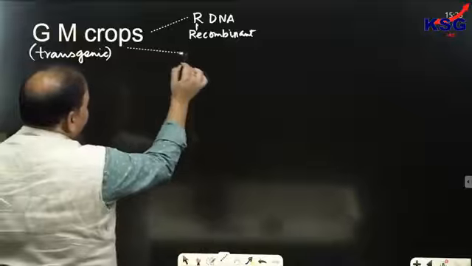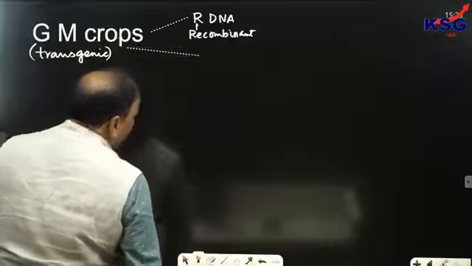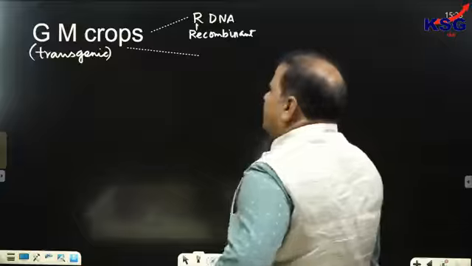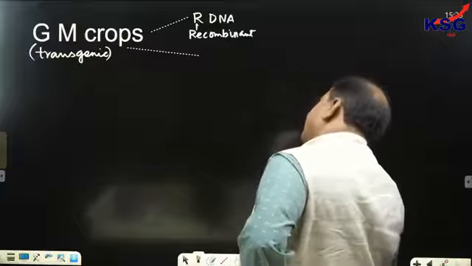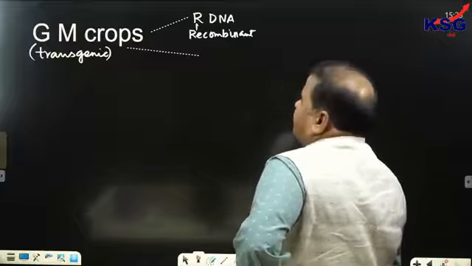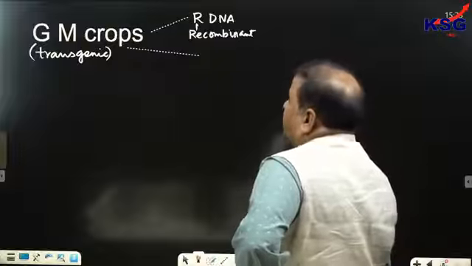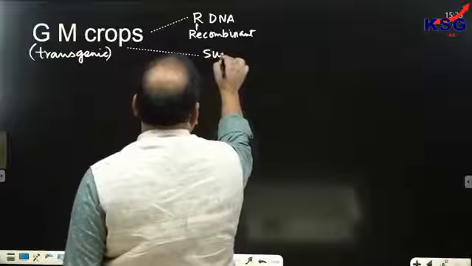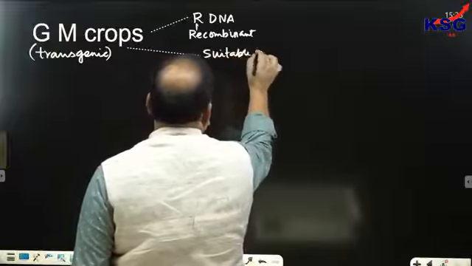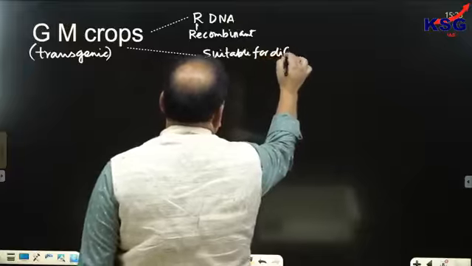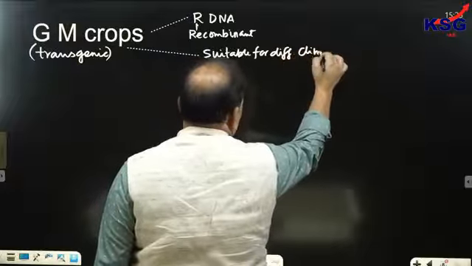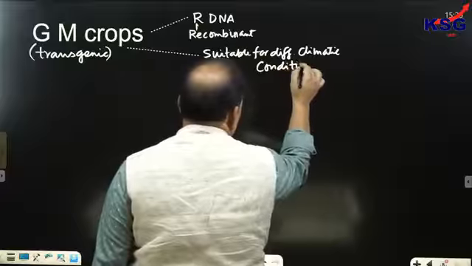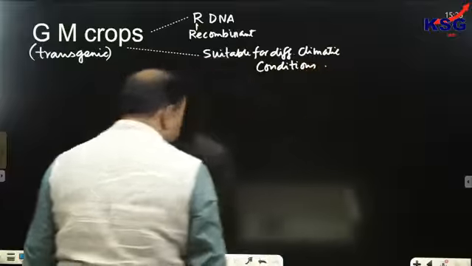The second thing is what? Not only should it have rDNA, but as far as GM crops are concerned, they are suitable for different climatic conditions.